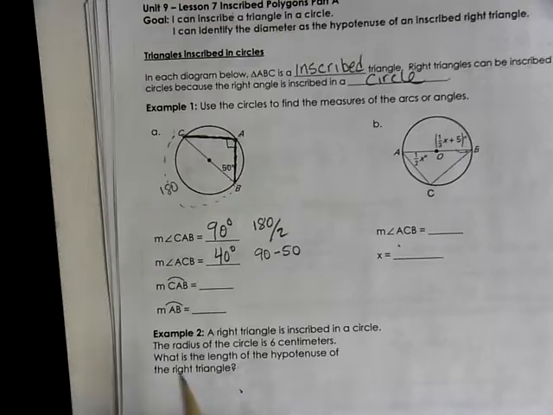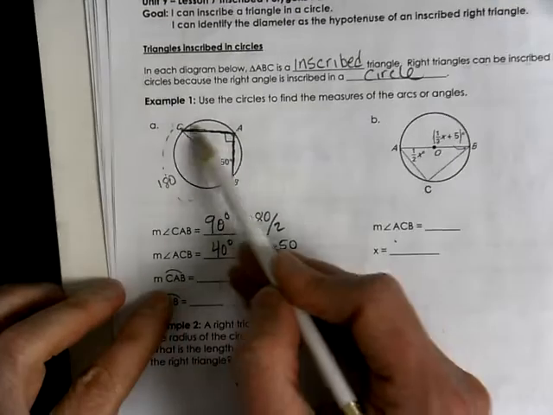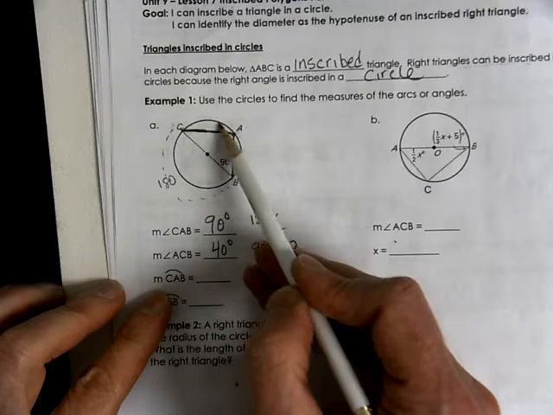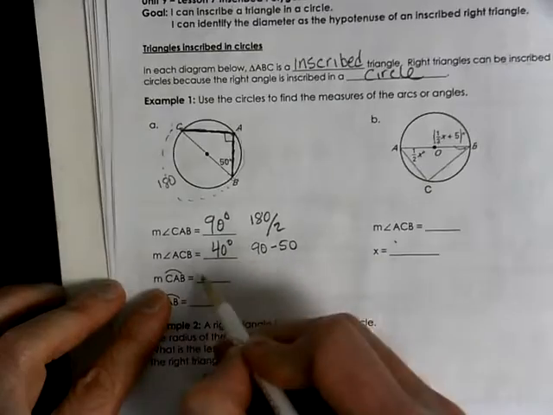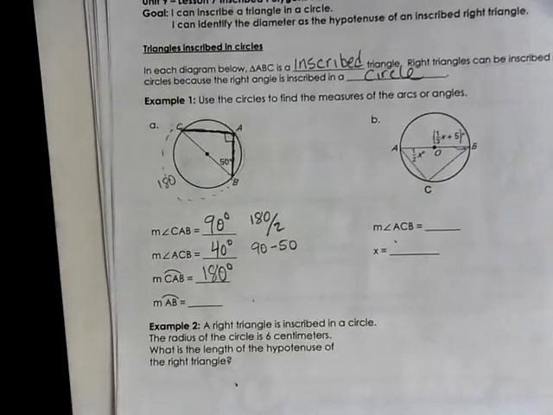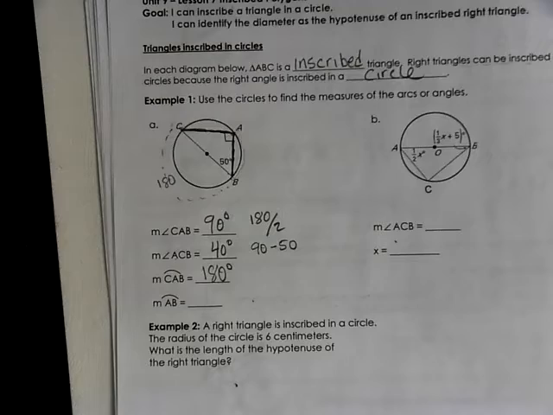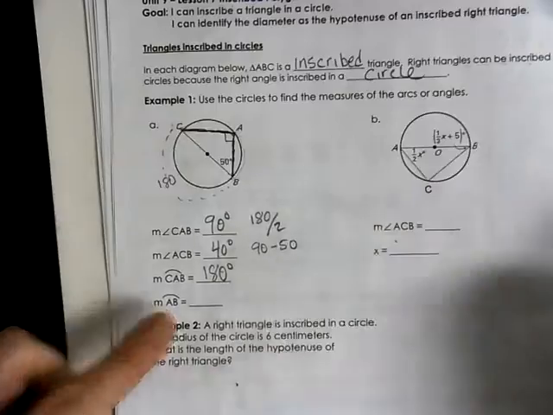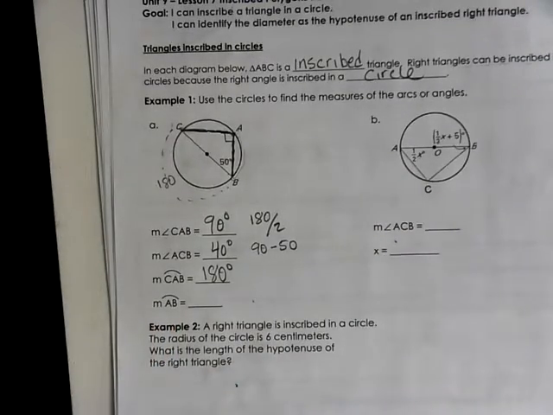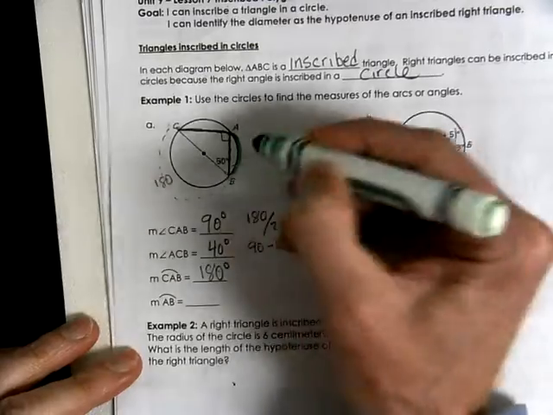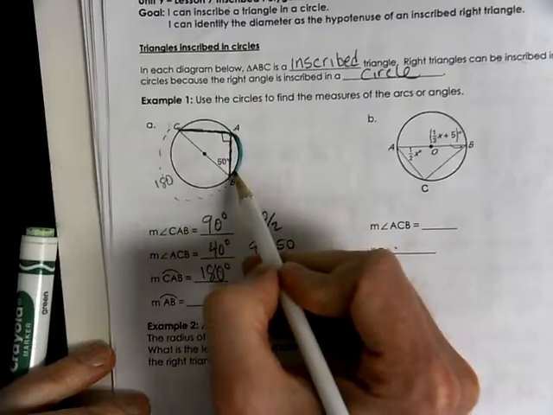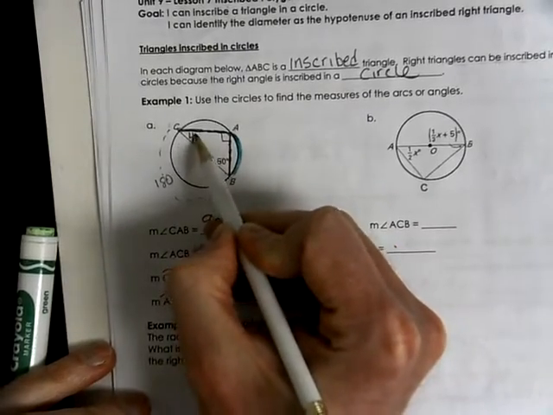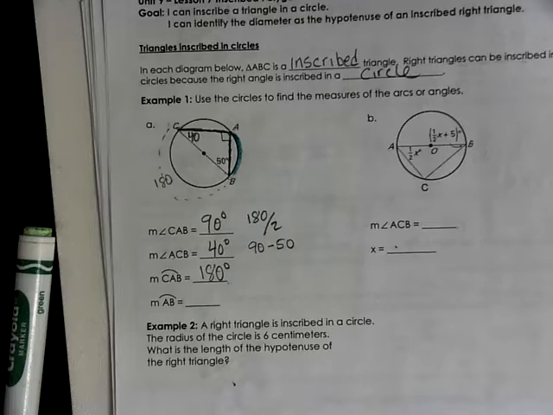Now if we talk about the arcs, CAB, from C curving around to A, curving around to B, is half the circle. That's a semicircle, so of course that's 180. And if we're going to be looking at arc AB, that is going to be double the intercepted arc.